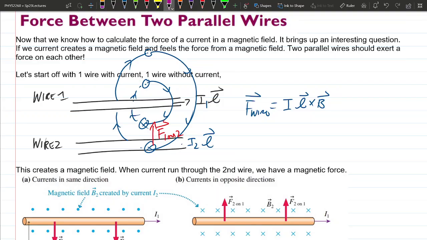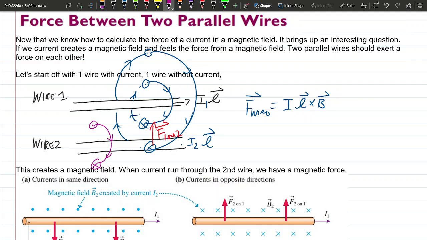Once again, using our right-hand curl rule, we can figure out that there's going to be a magnetic field coming out of the board here and then going into the board down here. So I'm going to complete this little circle.